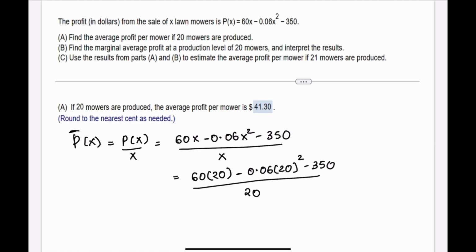I have to plug it in, which gives me 41.30.